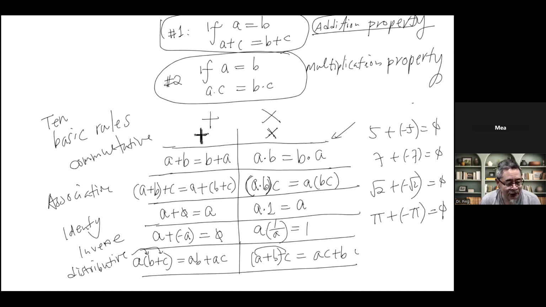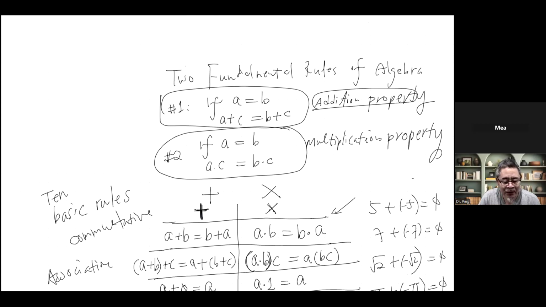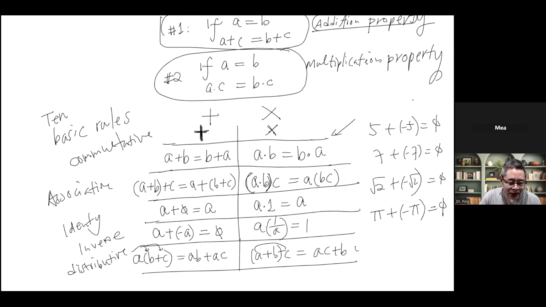Okay, so now we've got 2 fundamental rules and 10 basic rules. The fundamental rules are about the equation, the equal sign, and the 10 basic rules are about the operators, addition and multiplication. And we said early on, when we subtract something, we can just write it as adding its opposite.